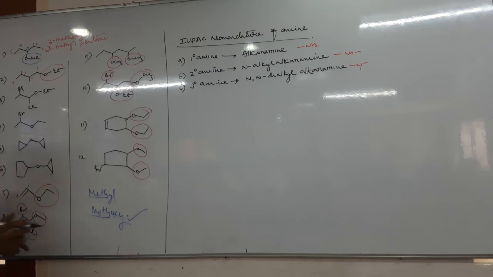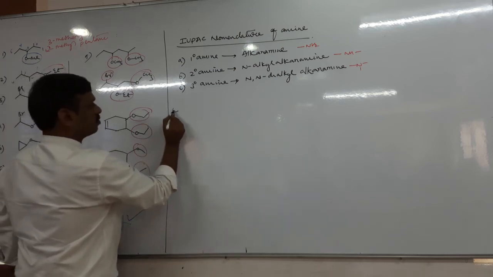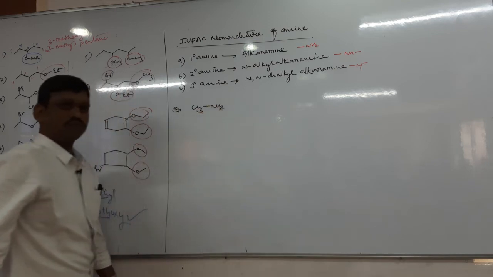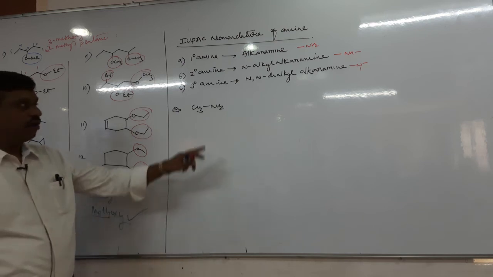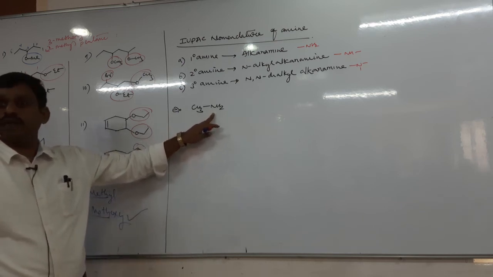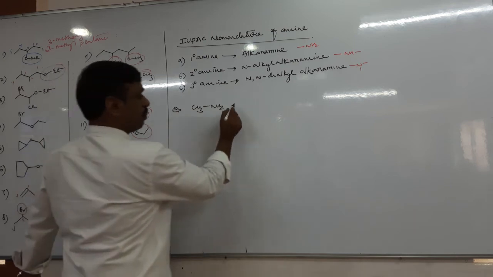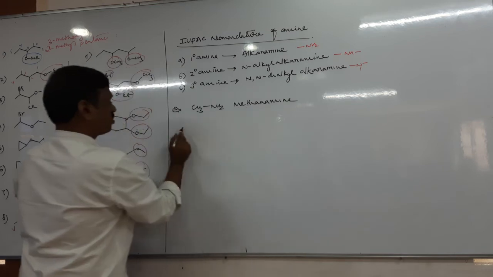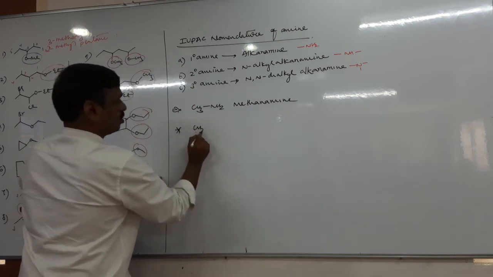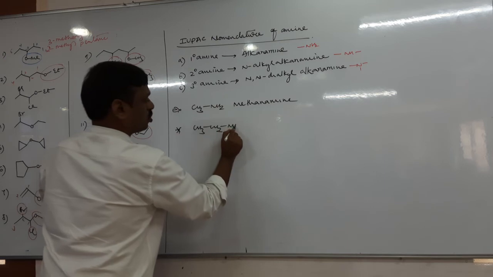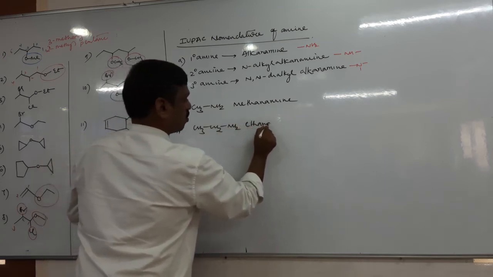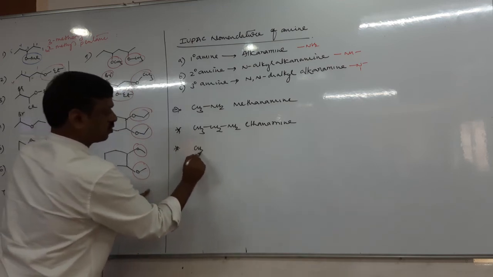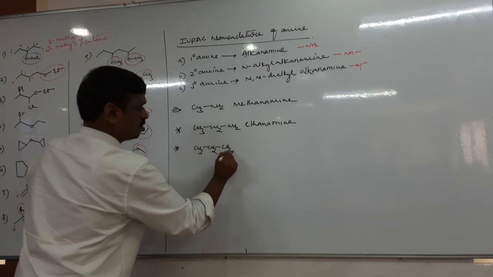Okay, let's see an example. CH3NH2. It's a primary amine. If there is an NH2 group, it is called primary amine. It is methanamine. Next, CH3CH2NH2, ethanamine. CH3CH2CH2NH2.